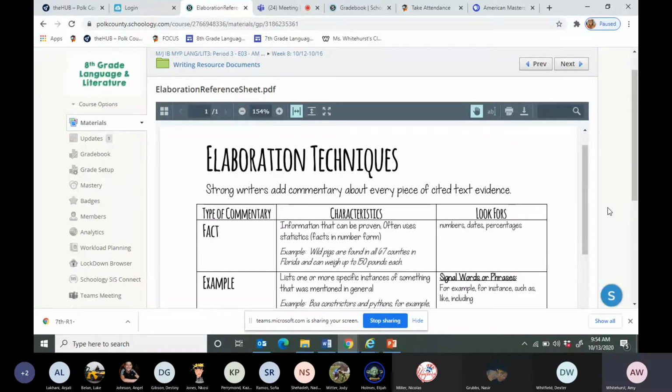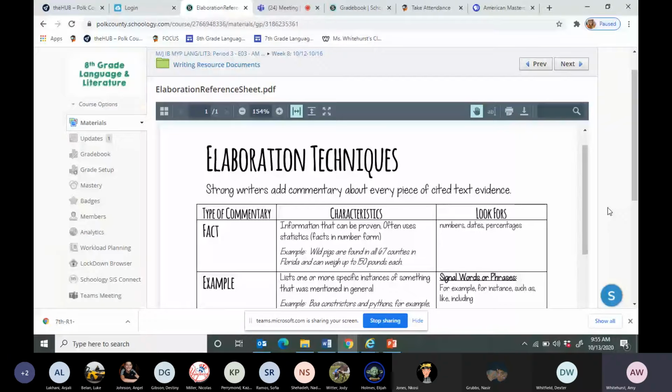What should it be instead of a summary or summarizing? What should your elaboration do instead? Analyze. It should be an analysis. Exactly. Thank you. So that was one of our Kahoot questions, if you remember.